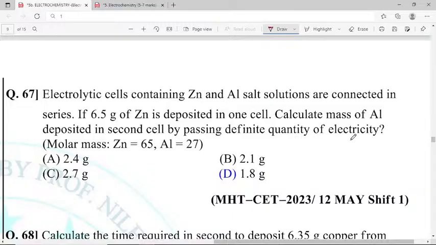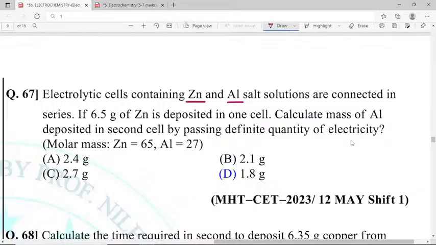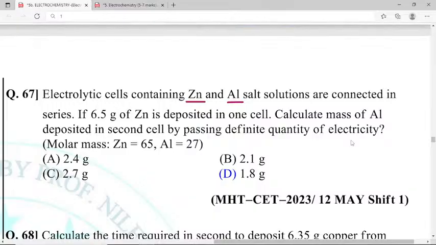An electrolytic cell containing zinc and aluminium in series. If 6.5 gram zinc is deposited in one cell, calculate the mass of aluminium.